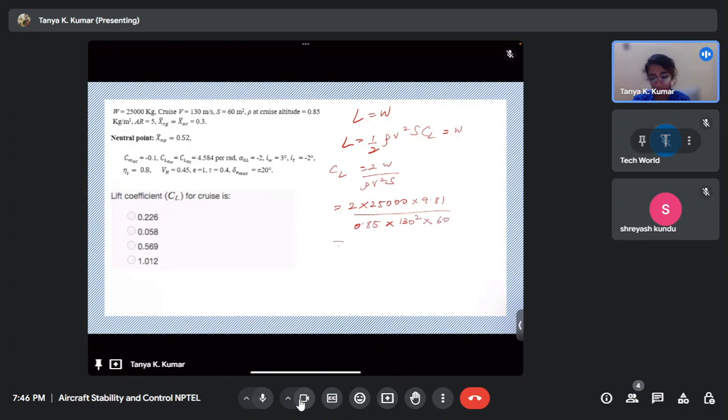You substitute all of these values, you get 0.569. So that is the right answer.